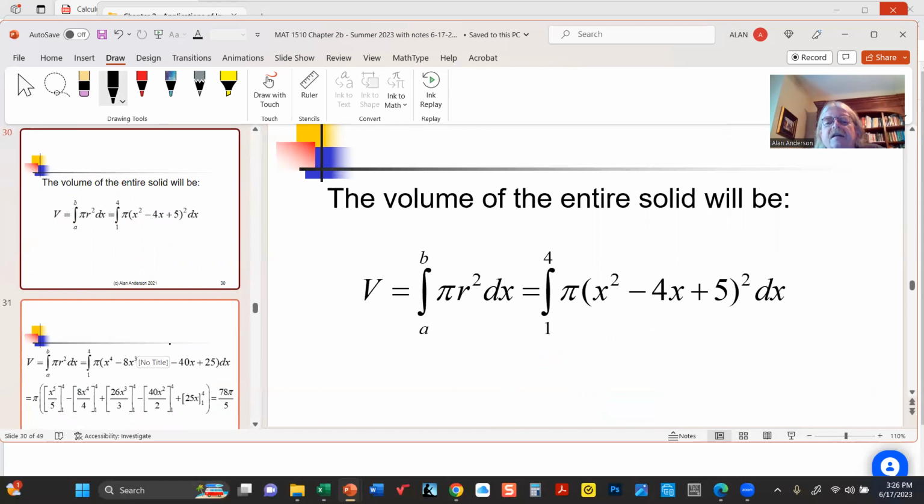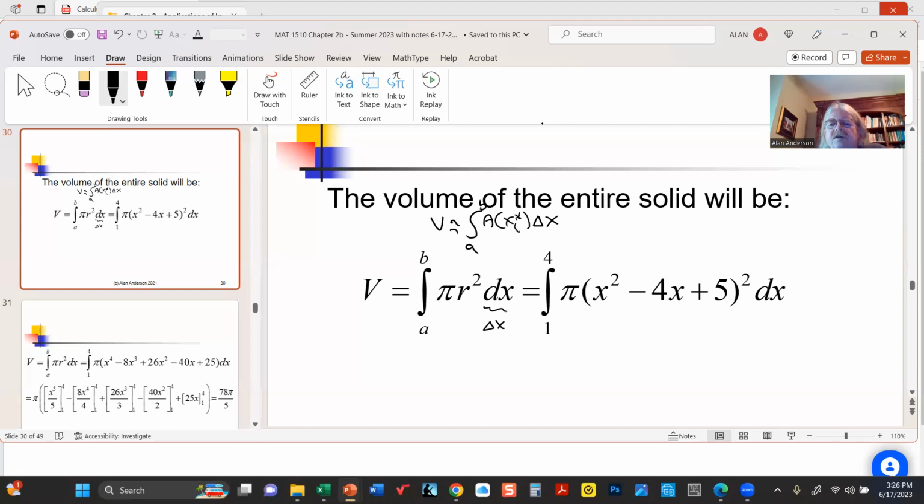Now, by the way, don't forget, the limit as delta x gets smaller is this dx, which is an infinitesimal change in x. So in other words, remember we had this earlier, V is approximately equal to the area of each of these slices times the delta x.